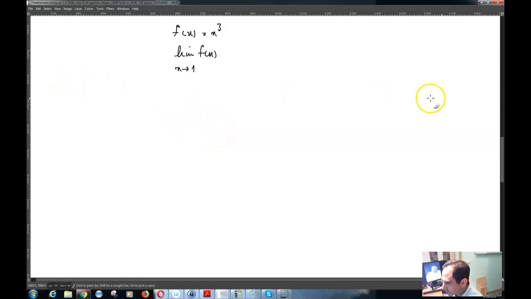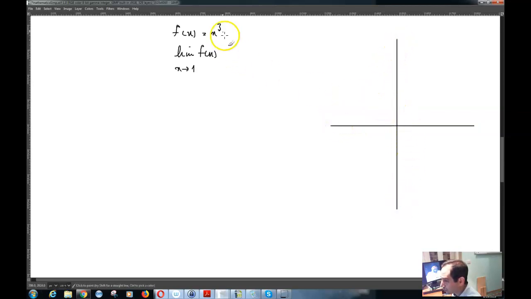I can create a table over here, or first let me do a graph for this function. The graph of this function looks something like this.